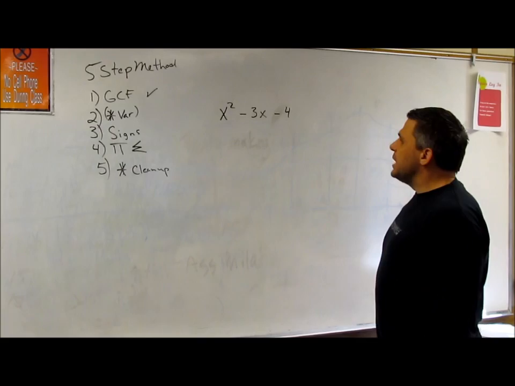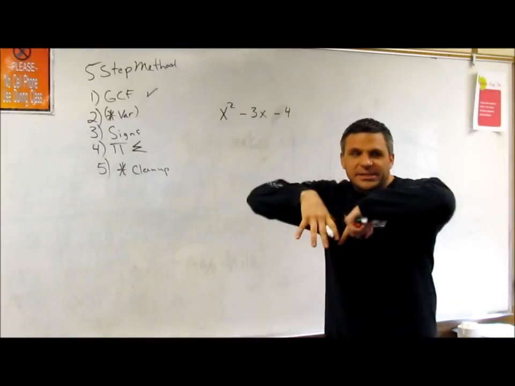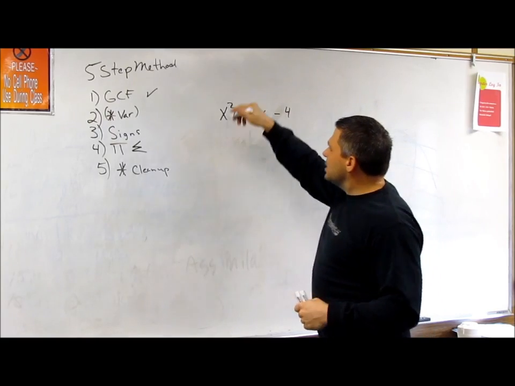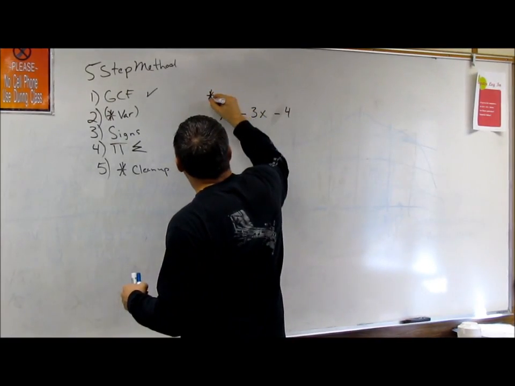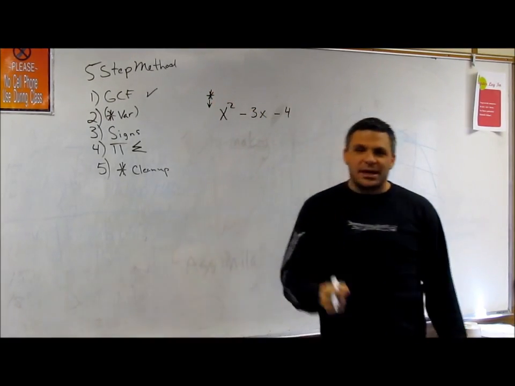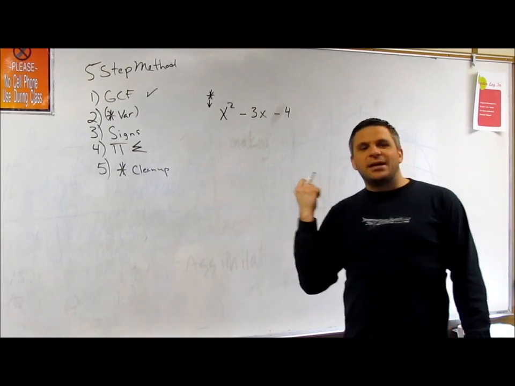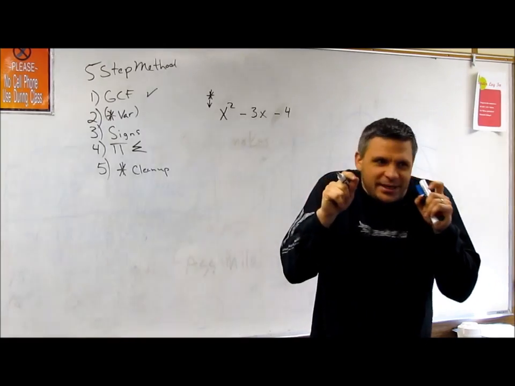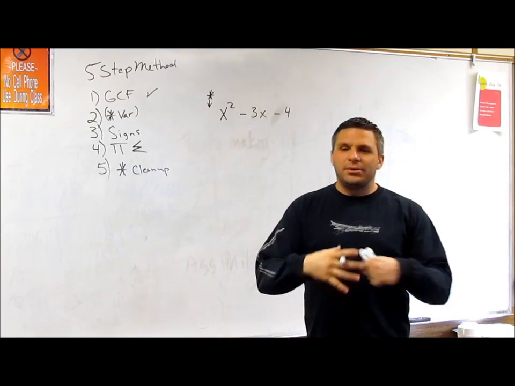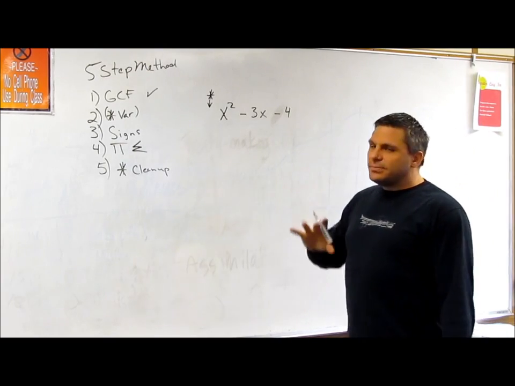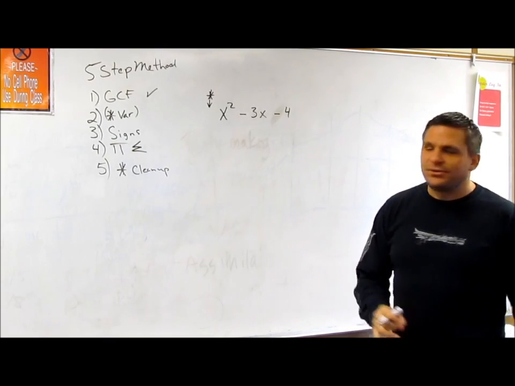Alright? So now we look at my second step with the star variable. The star is always the number that's out front, the first coefficient. But in this case, there's not a number out front. Well, there is. It's hidden. It's called a 1. But we don't care about a 1. The 1 doesn't bother us, so it's not going to affect the star.